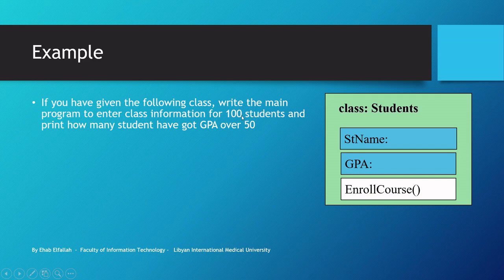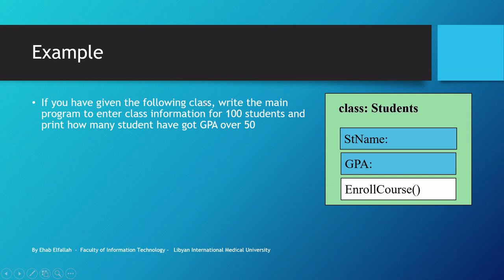Using a list will make it easier for us to iterate, or make a loop, over these 100 students, and then we read information or make any conditions that we want on that information.